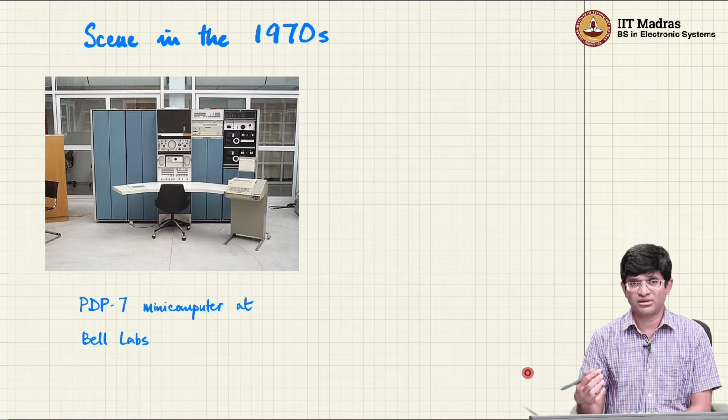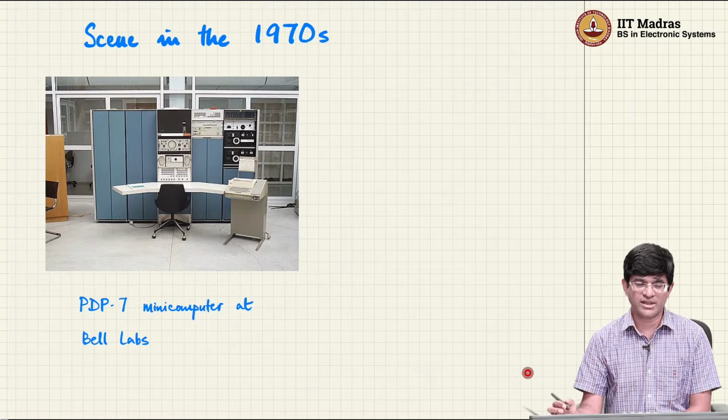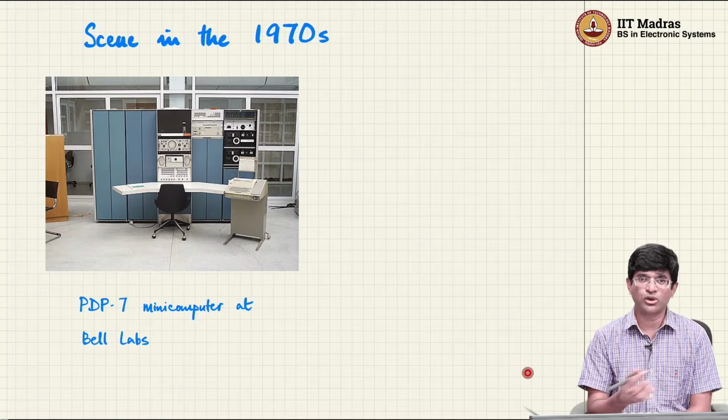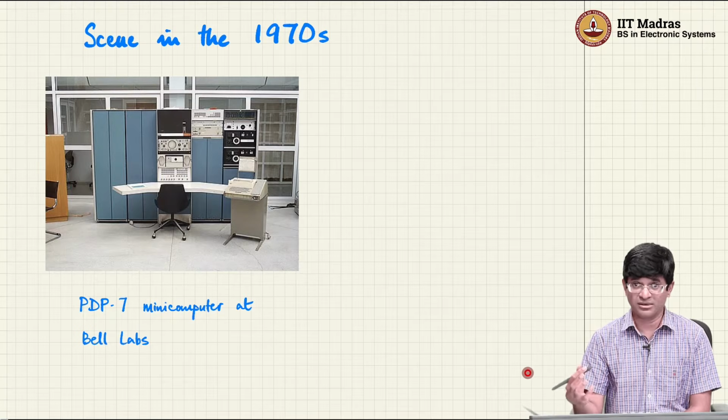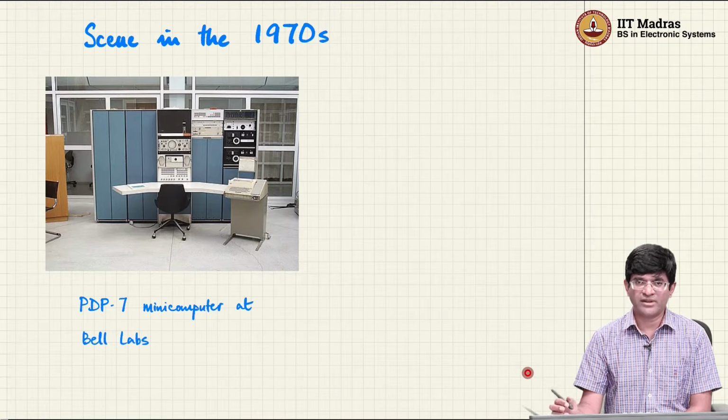And it was one of the very interesting families of processors that were developed by Digital Equipment Corporation, right? So this came out in the 1970s, and Bell Labs, which is an offshoot of AT&T Research essentially, or rather that led AT&T Research at the time, they had a PDP-7, right?